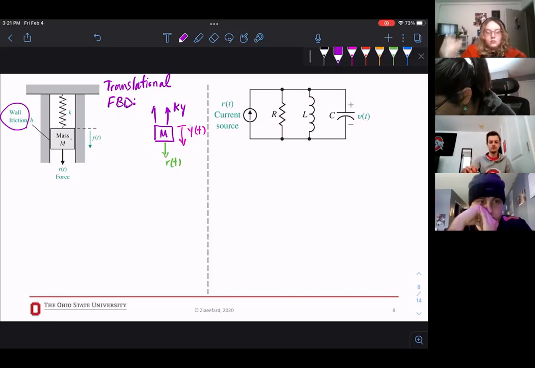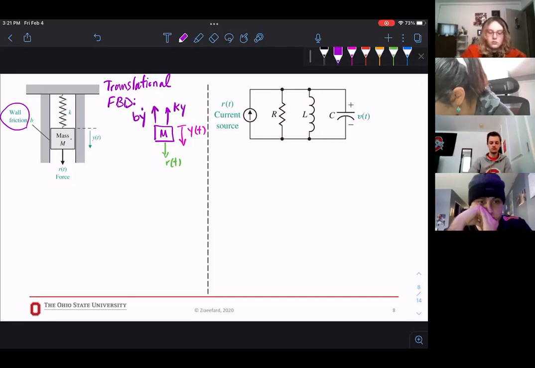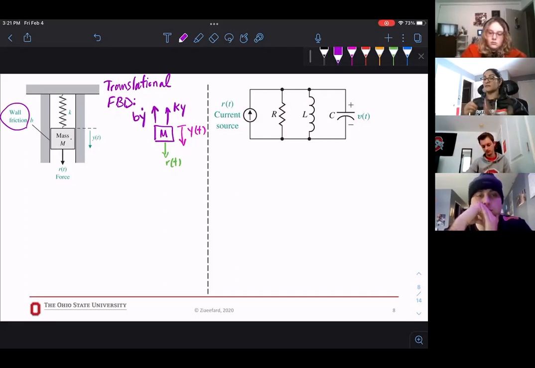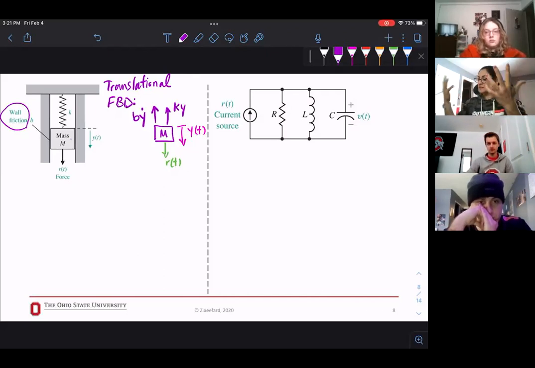We will model this as by dot, because friction wants to resist velocity, right? So I don't even go and look at the table I had for forces. I'm just trying to understand what each of these components are resisting, and I'm putting their force. That's the best way of learning, because you're not relying on memory, you're relying on concepts to understand what is what. Now there's one force missing.